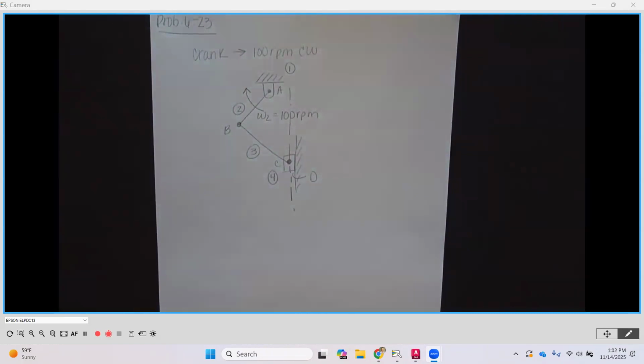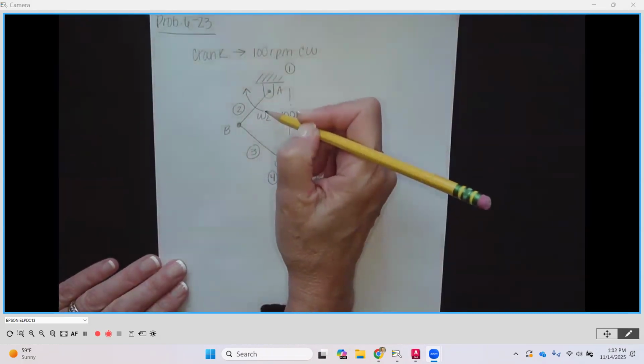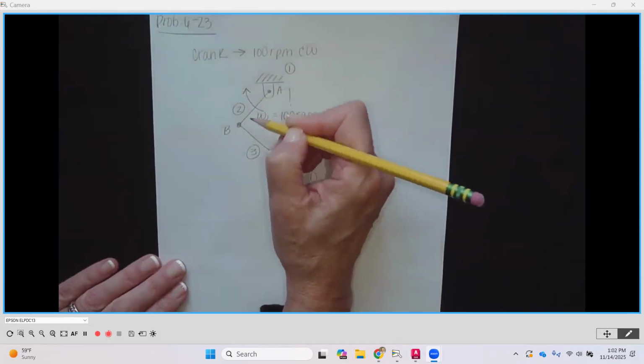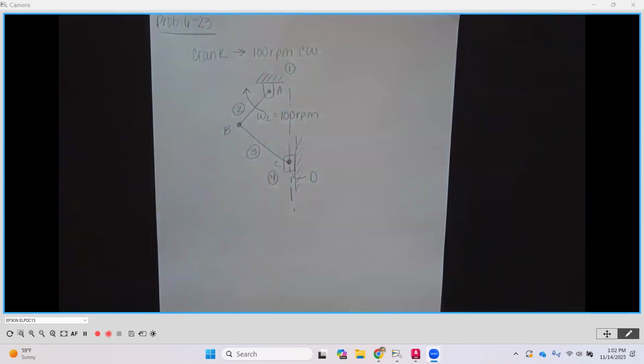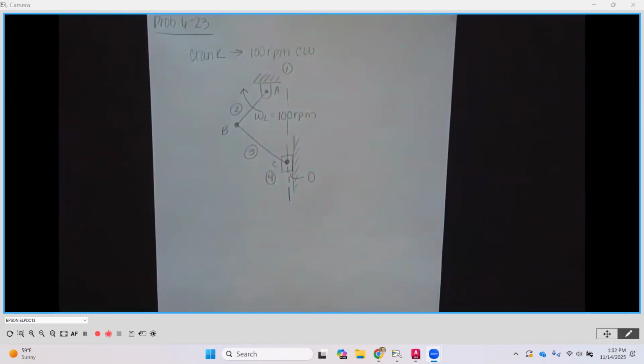I call it W2 because it is the crank rotating at 100 RPMs, and that is identified as link number 2, so W2. Questions so far? Does that all make sense as far as kinematic diagram stuff?